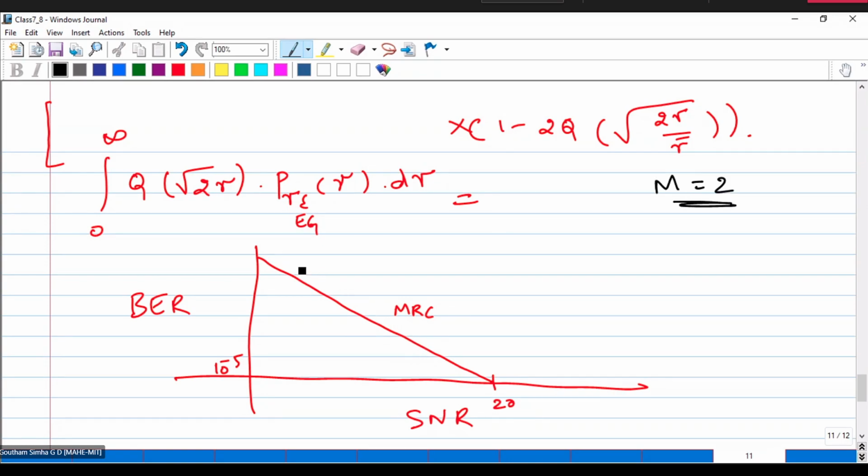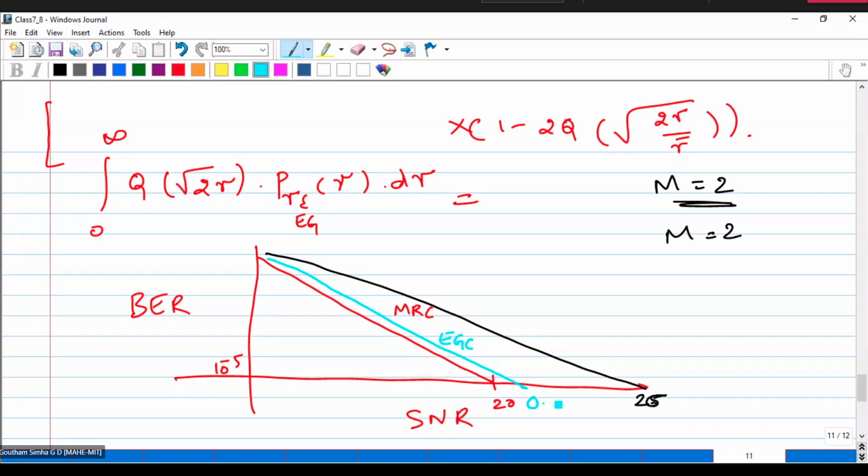Selection combining will give you, for M equal to 2, somewhere around 24 or 25, even 26, 27 also. And then next, this is for EGC. Approximately, based on the modulation scheme, you will lose 0.8 to 1.6 dB.